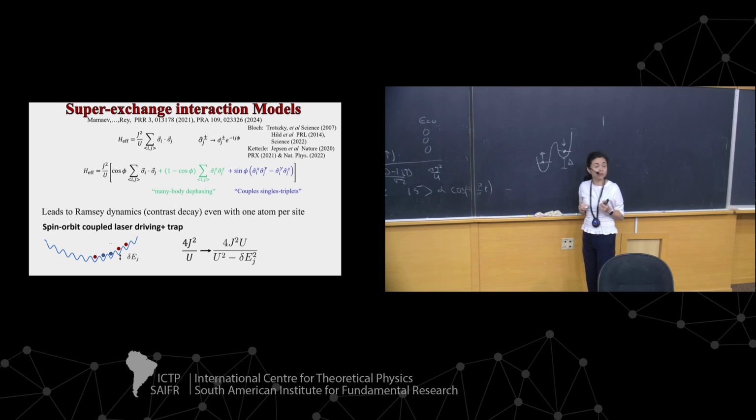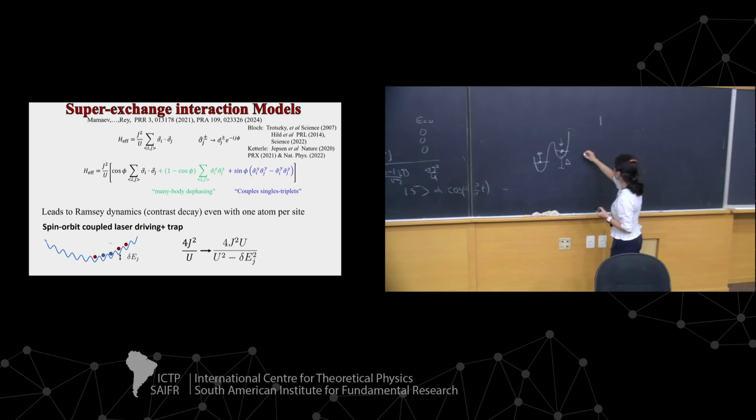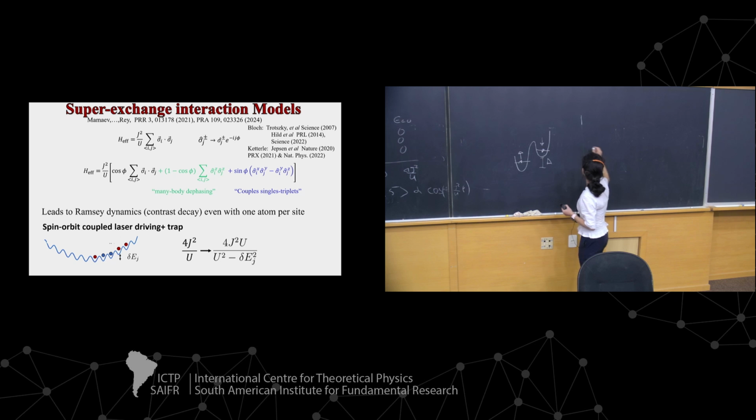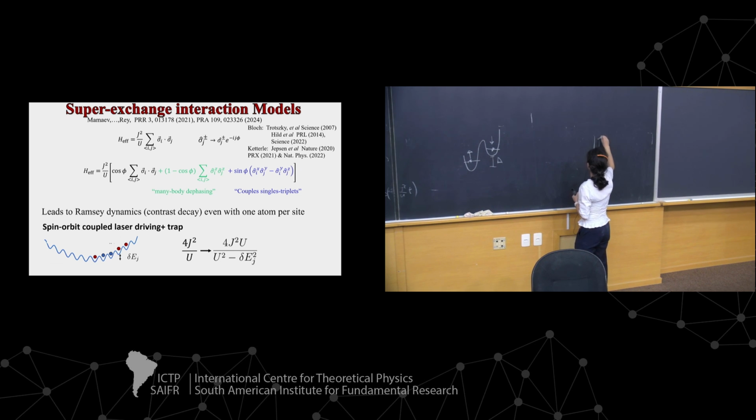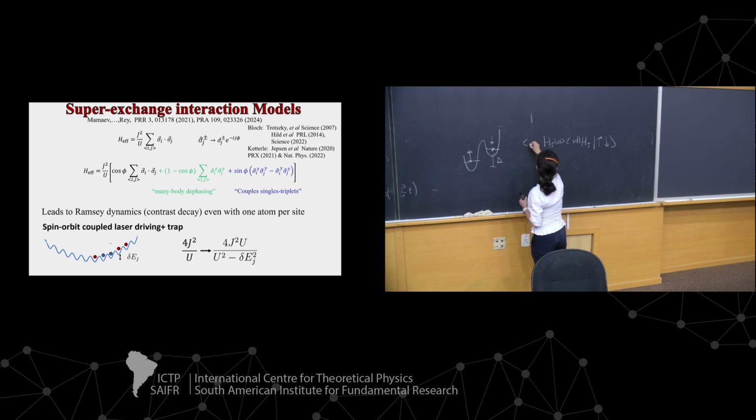When we do the second order perturbation theory, I have an atom that is up, down, and then I add the tunneling Hamiltonian. I have the initial state, the Hamiltonian, the intermediate state, and the final state.